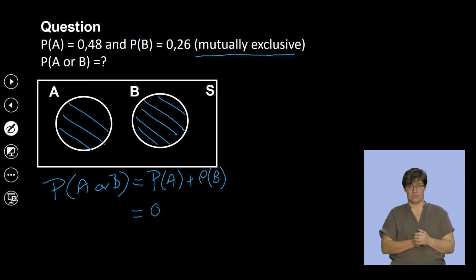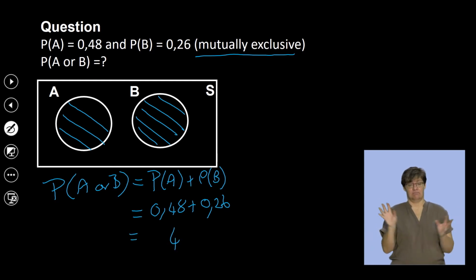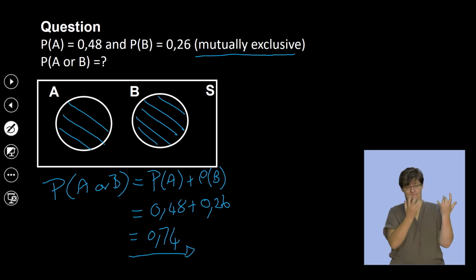We're going to say it's 0.48 plus 0.26. And if we do that, we get 0.74. And we have calculated the probability of A or B.